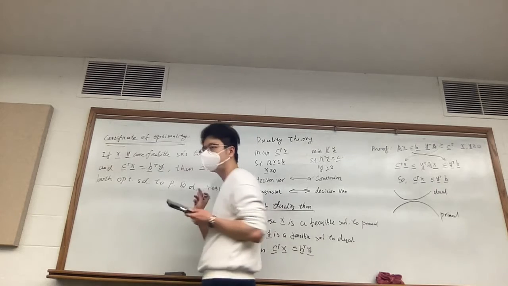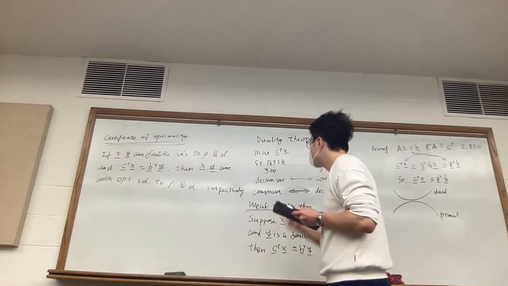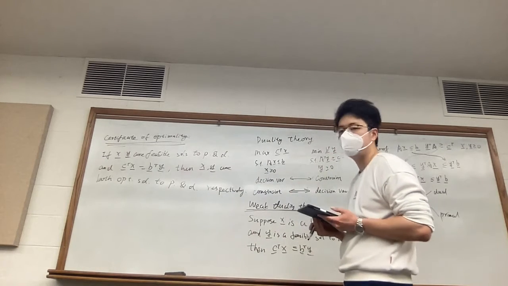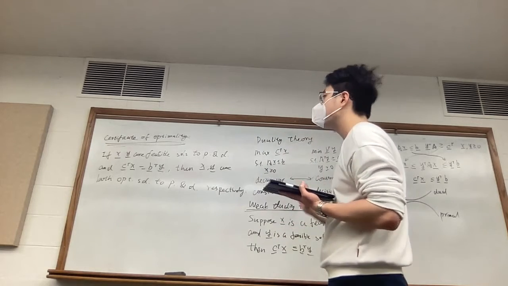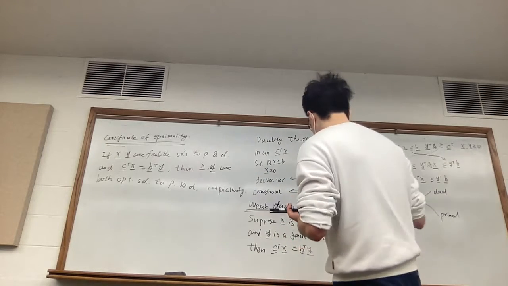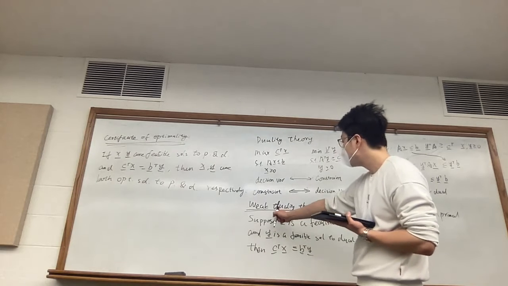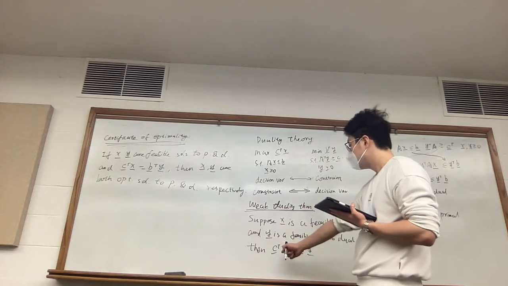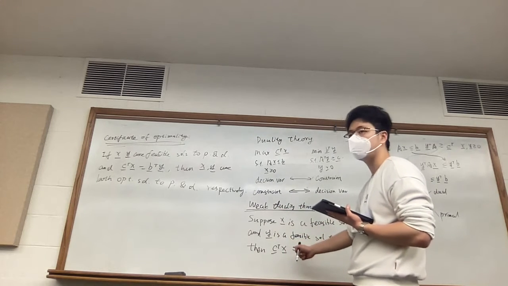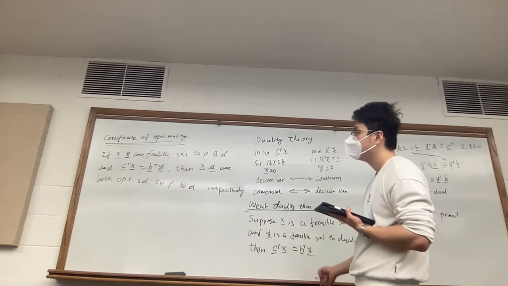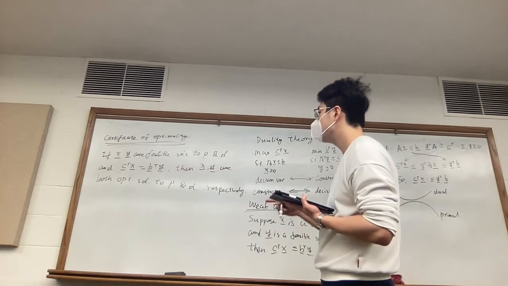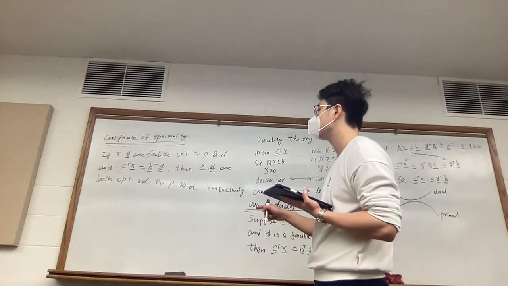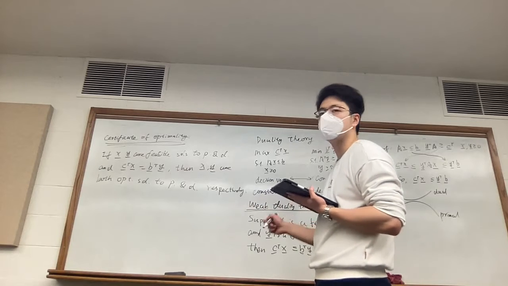Think about this. Suppose X and Y are both feasible solutions to the primal and dual, respectively. What we can conclude from the weak duality theorem is that C transpose X must be less than or equal to B transpose Y. Now, suppose C transpose X is equal to B transpose Y. Then X and Y are both optimal solutions to the primal and dual, respectively.